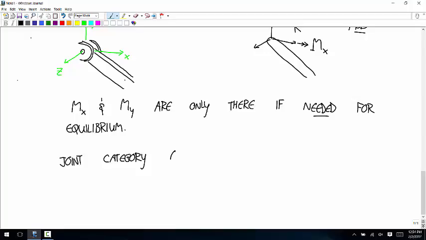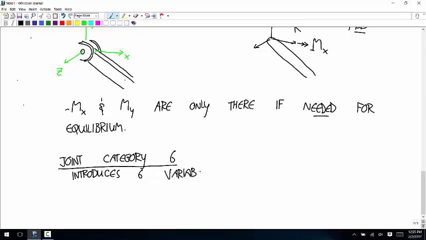So joint category 6. Well, there's 6 degrees of freedom. This is the joint that introduces 6 variables. And so what kind of motion is allowed by this joint? None, right?